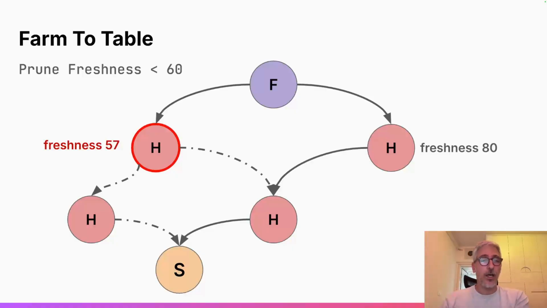So this path might not be the right path for us. With pure Cypher, it would be extremely hard to prune paths as they're being computed.